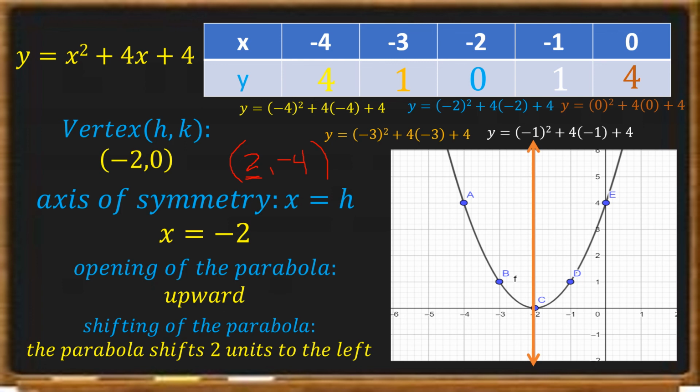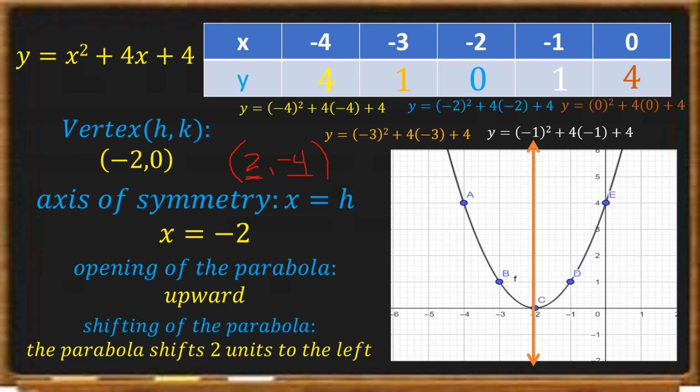So, pag ganito ang vertex nyo, dalawa ang shifting niya. Nag-shift siya 2 units to the right and 4 units downward kasi negative. So, pag negative, downward. Pag positive, upward. So, dito, sa H, left and right. Pag negative, left. Pag positive, right.